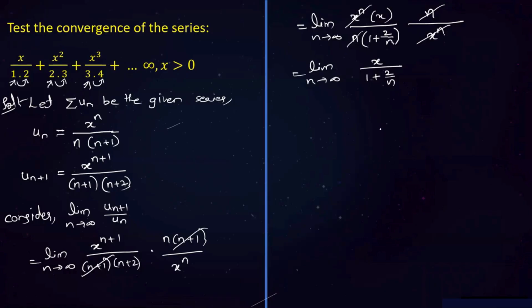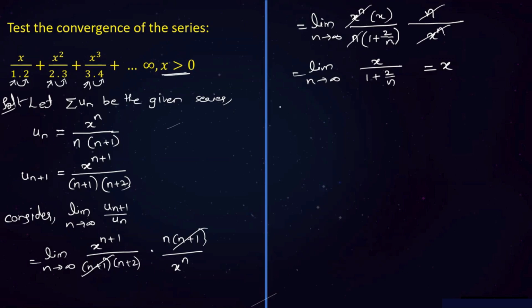So as n tends to infinity, we'll get this limit as simply x. Right? We know only that x is positive, x is greater than 0, but we don't know anything else about it. So depending on that x value, we are going to decide whether it is convergent or not. Certainly there is no option to find out the value of x, right? It is an arbitrary value there.